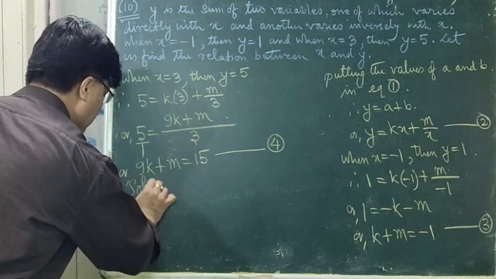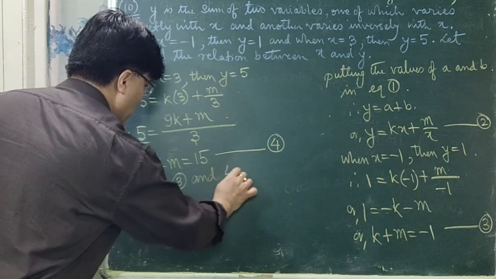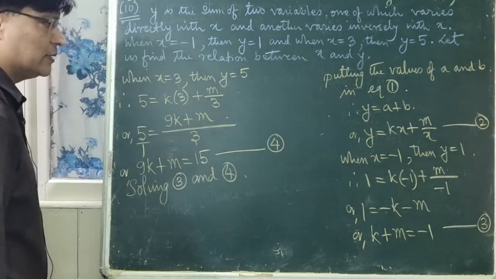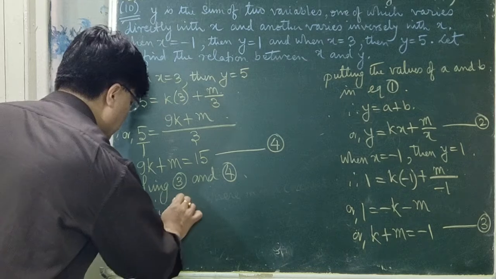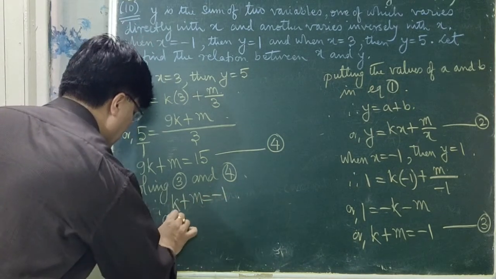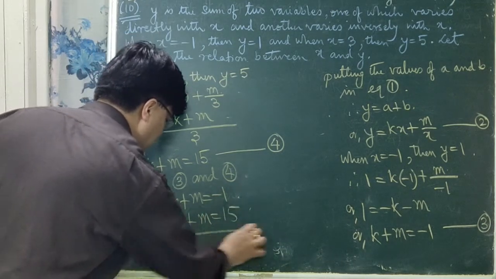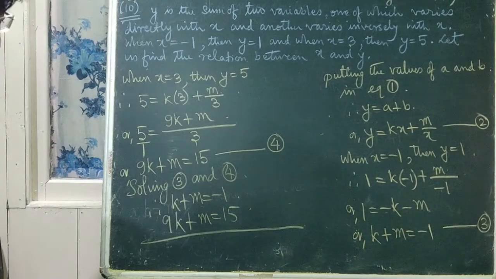So solving 3 and 4, what do we get? Solving 3 and 4, that is k plus m is equal to -1 and 9k plus m is equal to 15, right? So let us solve it.